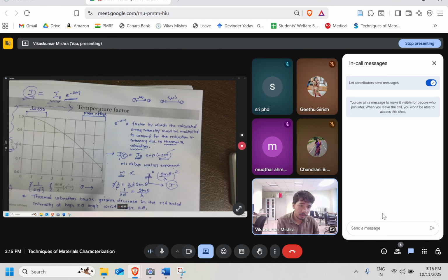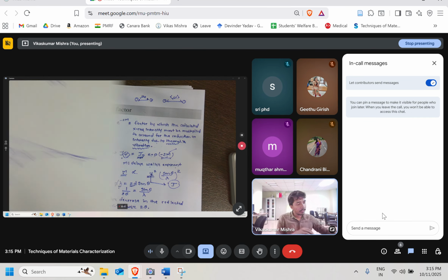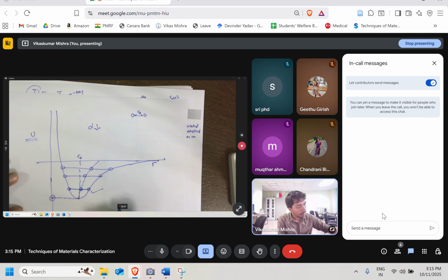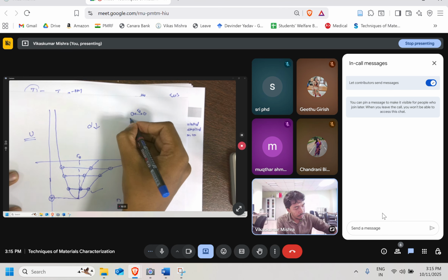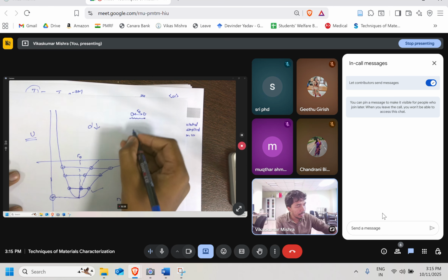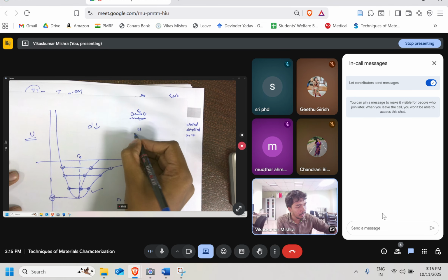Now one can ask me why, as d is decreasing, it is going to affect more, right? If d is less, the effect is more. For that, see, the d spacing is low, d is low, and lambda equal to 2d sine theta we know. The vibrations which we are giving thermally at higher temperature can now significantly affect this u over d.